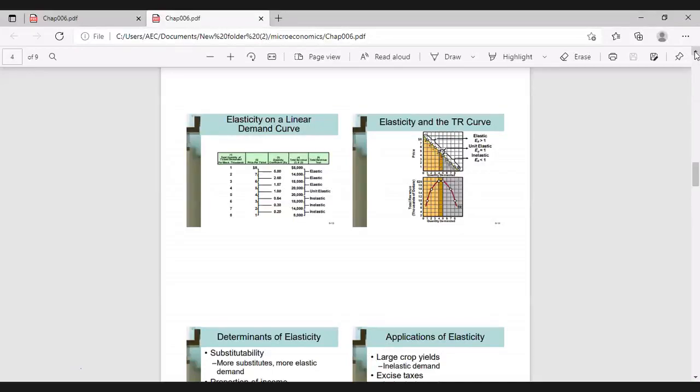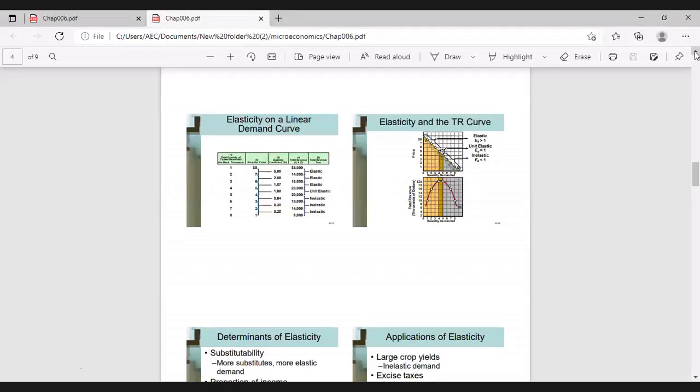We can rearrange it as delta Q over delta P, which is the slope of the demand curve, multiplied by P over Q. If this is a linear demand curve, delta Q over delta P will not change at any point of the demand curve. The slope is the same, but P over Q is changing.